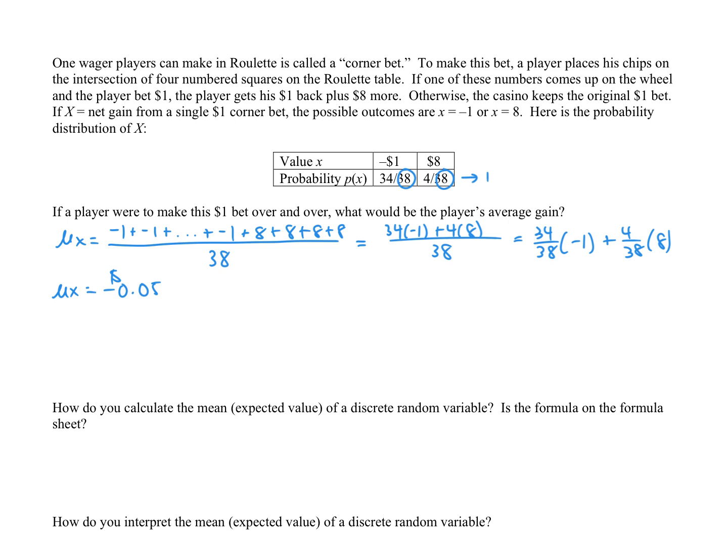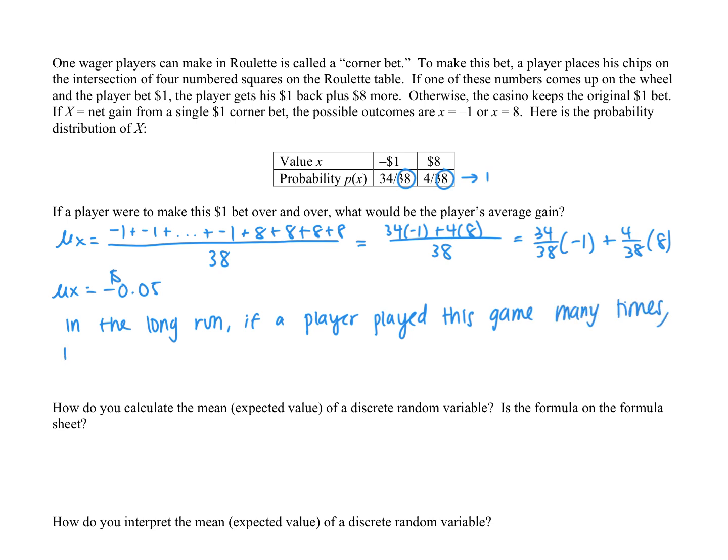So if I asked us to interpret this, we would say something like, in the long run, if a player played this game many times, he or she would be expected to lose 5 cents per game on average.